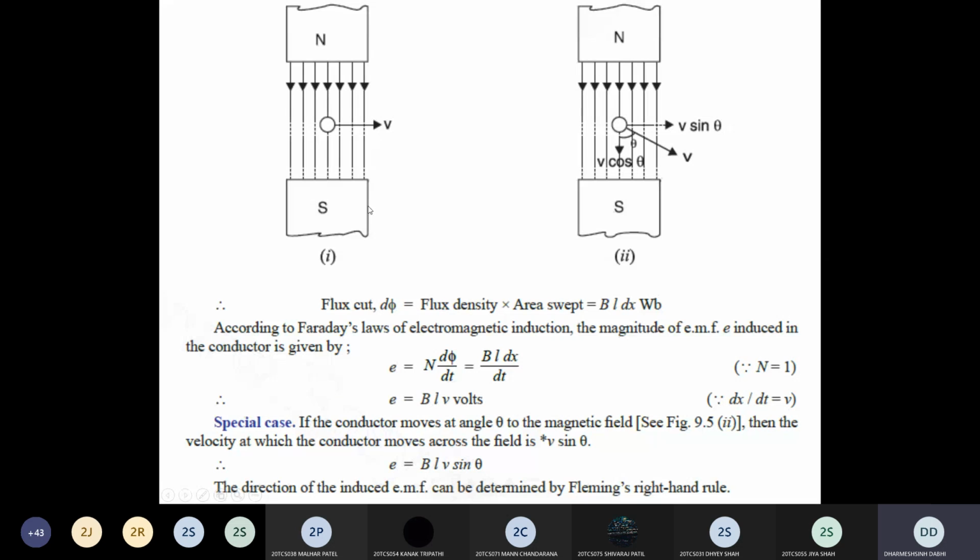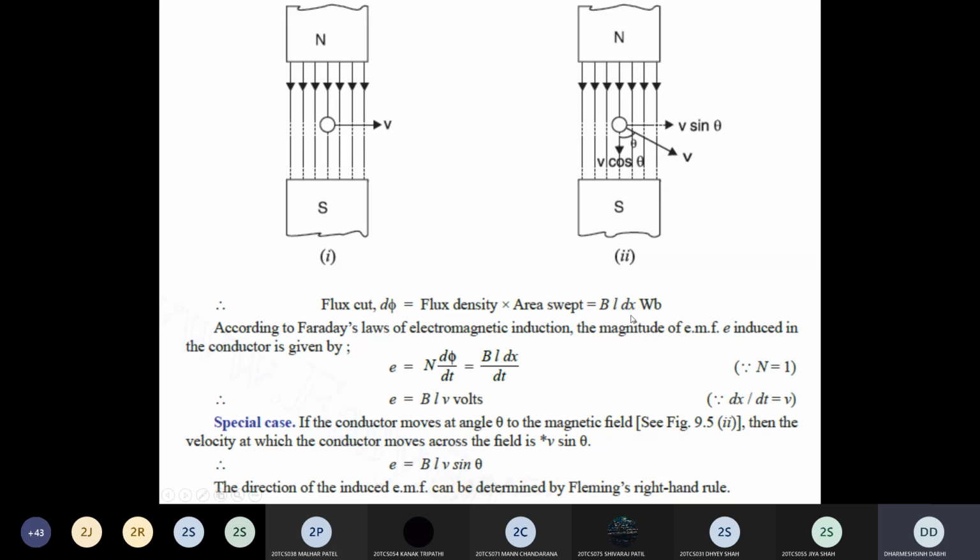Suppose the flux density is B. So it is B into the area swept by this conductor. The area is the length of the conductor multiplied by the distance moved, which is a small distance dx. So the flux cut by this conductor is BL into dx, Weber.